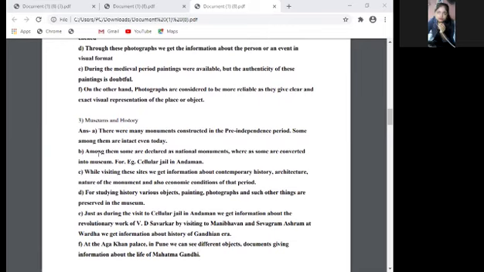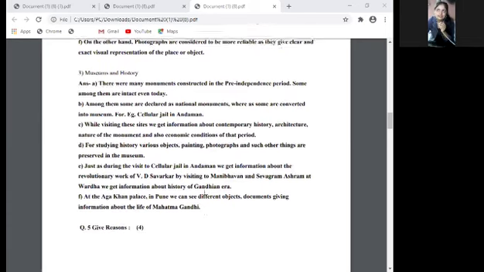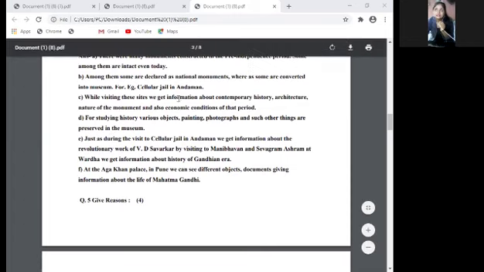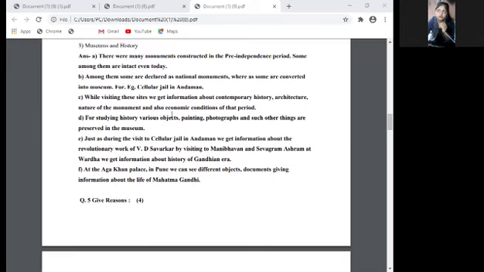Third is museums and history. There were many monuments constructed in the pre-independence period. Some among them are intact even today. Among them, some are declared as national monuments, whereas some are converted into museums, just like Cellular Jail in Andaman. While visiting these sites, we get information about contemporary history, architecture, nature of monuments, and also economic conditions of the period.